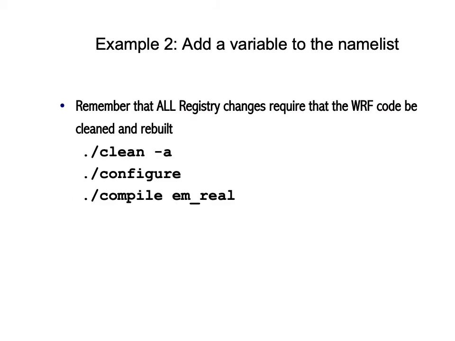Every time we change the registry, we change source code in the WRF model, but we change it via some CPP directives. So it's important that any time you make a change in the registry, clean -a, configure, compile, and just wait for the new executable to be available.